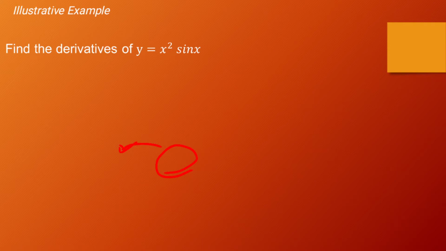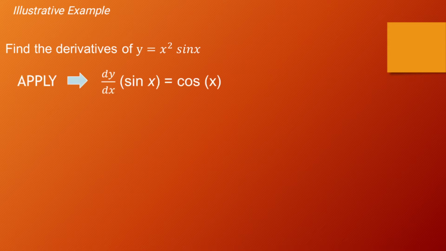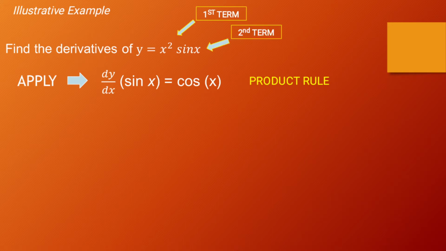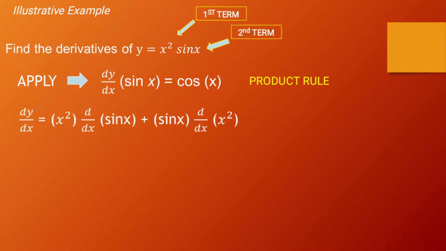Since we have sine x here, we are going to apply the rule that the derivative of sine x is equal to cosine x. And we're going to apply the product rule. We have x squared as our first term, and our second term will be sine x.